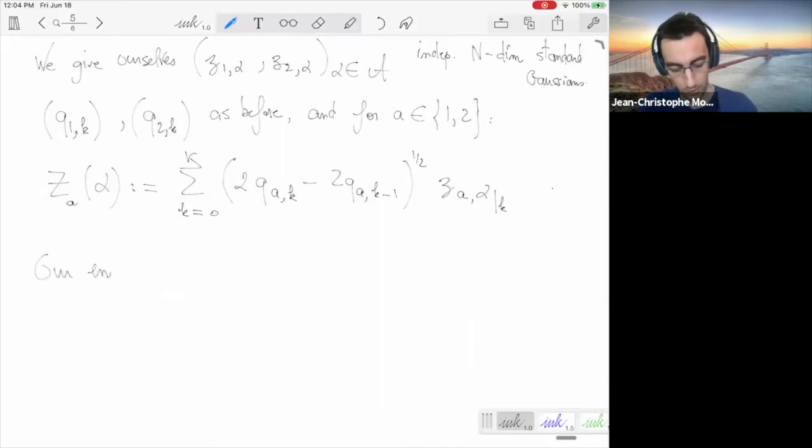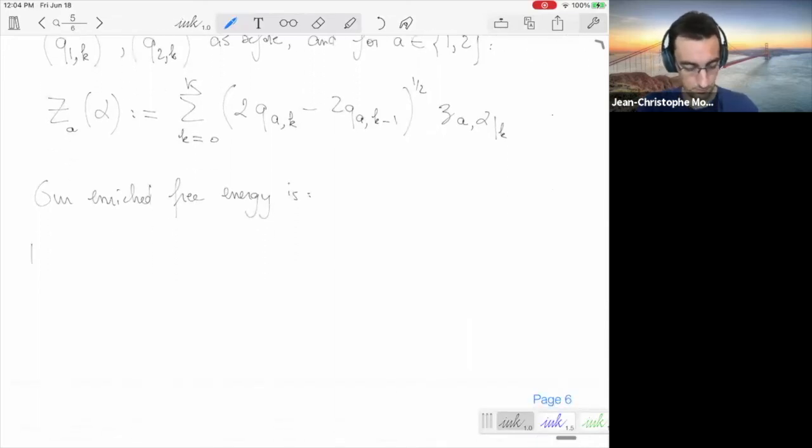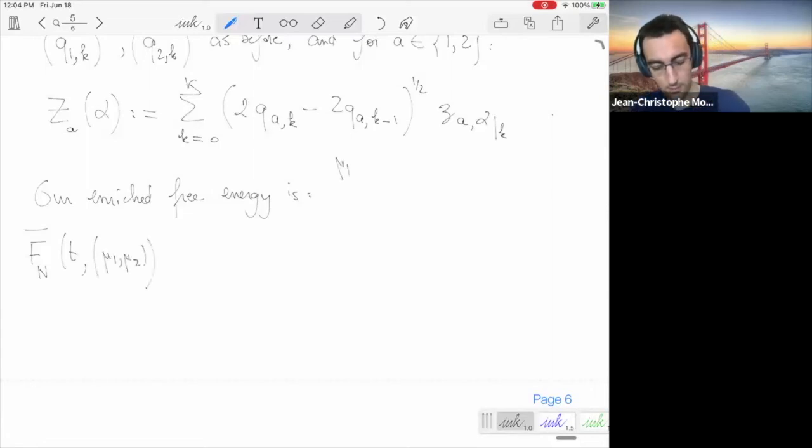And now we can define our enriched free energy. So maybe I'll just write Fn bar. Okay, so I should say mu A is the sum of zeta k plus 1 minus zeta k times delta q ak.